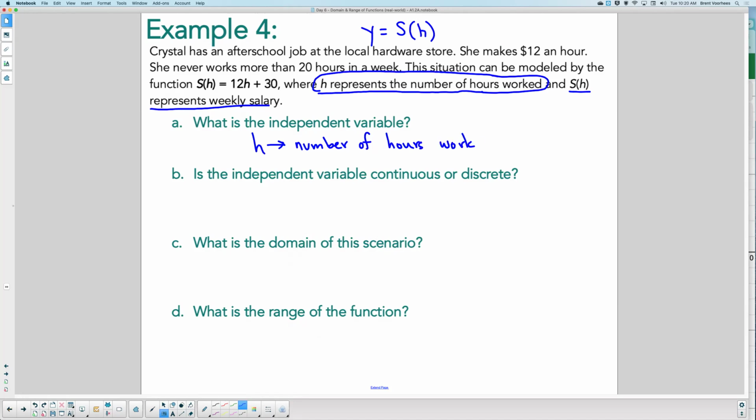Okay, so I want you to think about measurable versus counted. For time, do we count time or do we measure time with a clock? We count time. So how much time do you have to the end of the school day? Do you count hours or do you measure that off a clock?